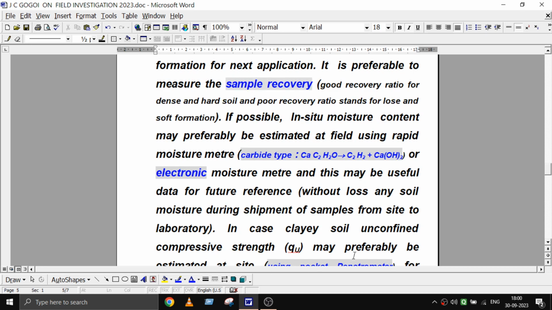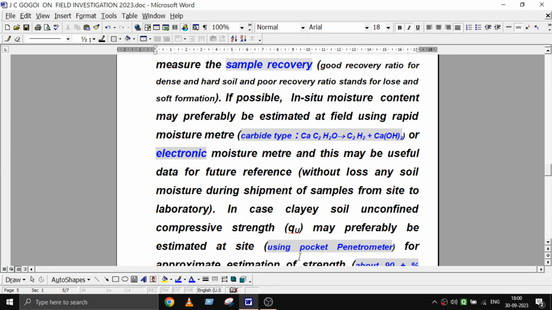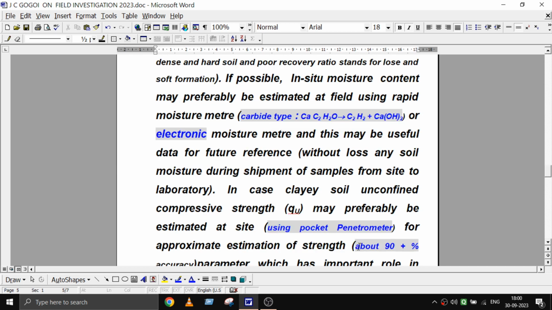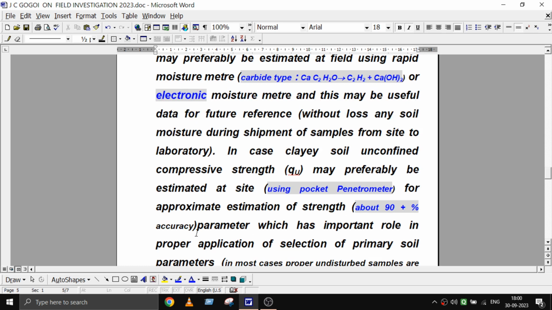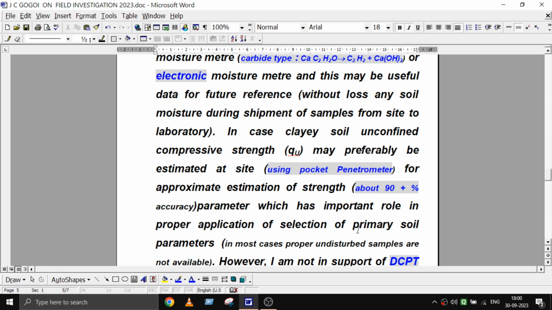In case of clay soil, the unconfined compressive strength, which I am saying, using a pocket penetrometer we can find out. It is very essential information for later, and the value is about 90% accurate. It has an important role in the proper selection of primary soil parameters.